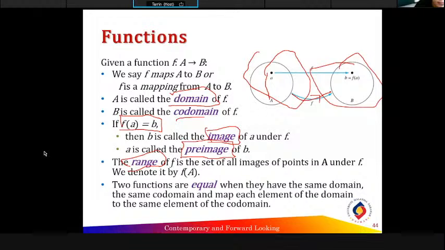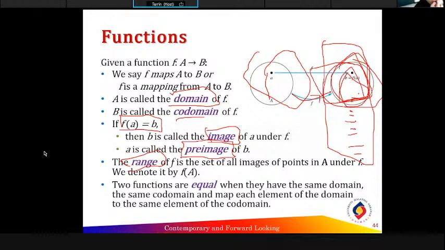So the range is all the images coming from A pointing into set B. That means you can have additional elements in set B that are not assigned a pre-image. But the codomain refers to all of them, those which are images and those which are not. That's the codomain. Range only refers to those which are assigned as images. So you should know the distinction of both, right?